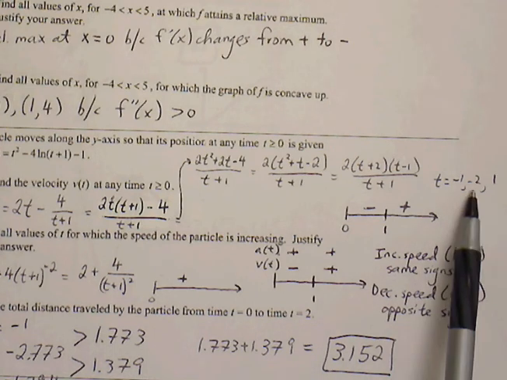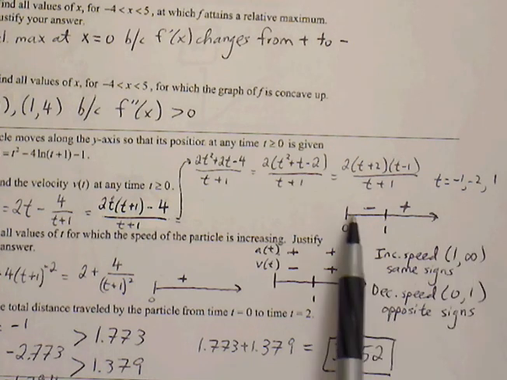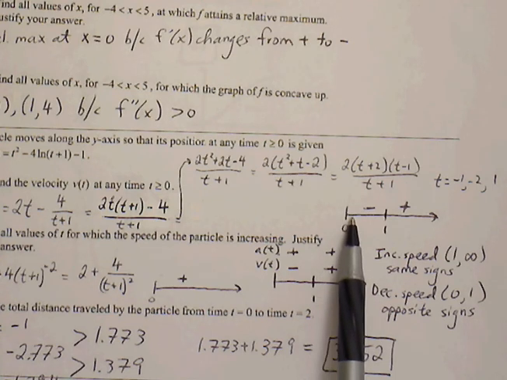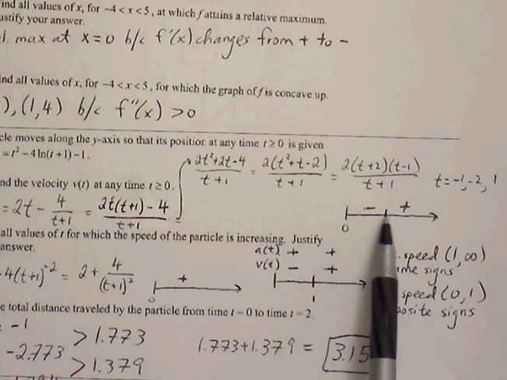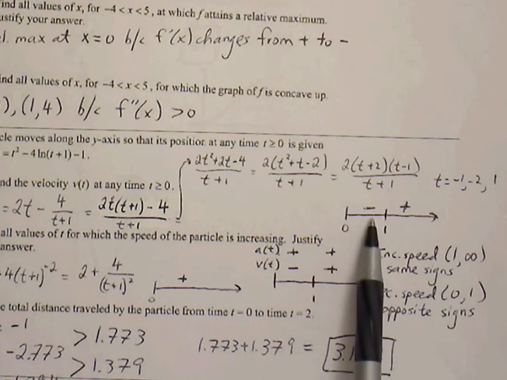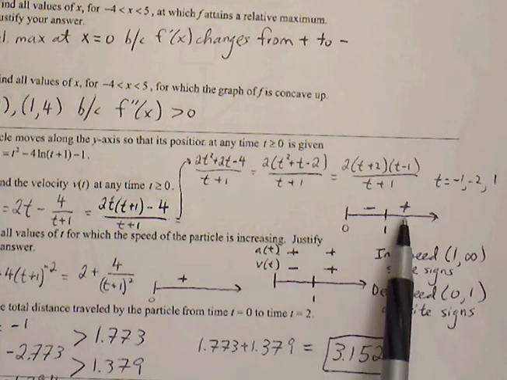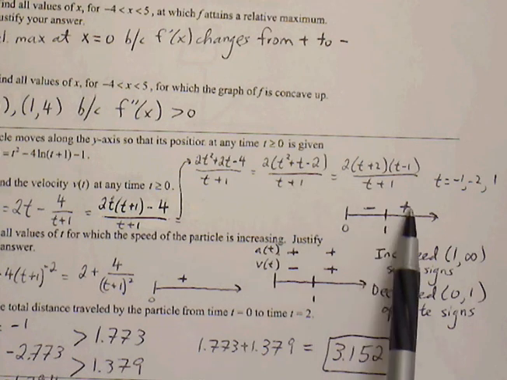However, we're going to eliminate -1 because that's outside of our domain. So from our sign line, we have the critical point at 1, and we can test the signs. Between 0 and 1, we get a negative value. Greater than 1, plug into your derivative, you get a positive.